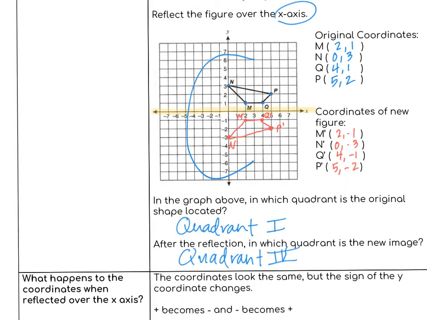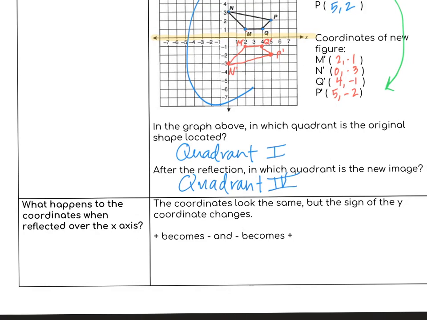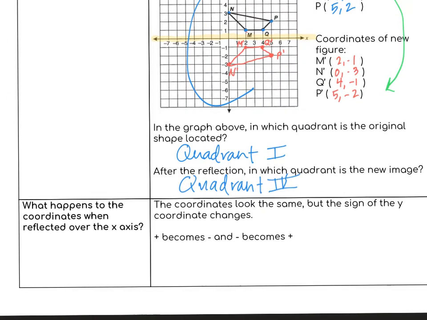Okay, so I want you to take a second to take a look at the difference between the original coordinates and the new coordinates. And you may notice that the x's stayed the same, however, the y coordinates were what changed.